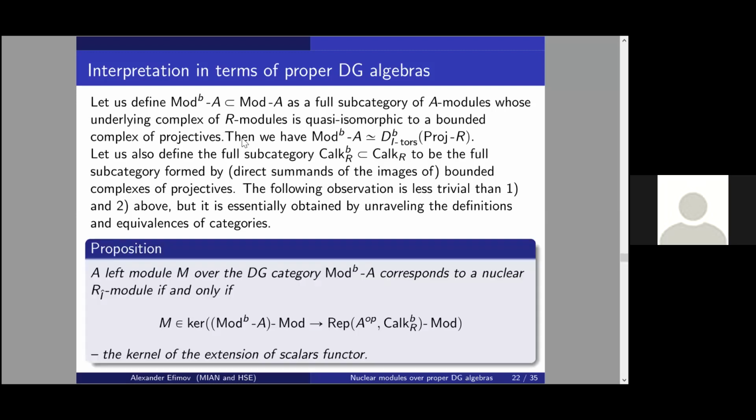that a left module M over this DG category Mod_B A corresponds to a nuclear module over the completion if and only if it is contained in the kernel of left modules over this bounded category of A-modules to left modules over representations of A^op in the bounded Karoubi category.